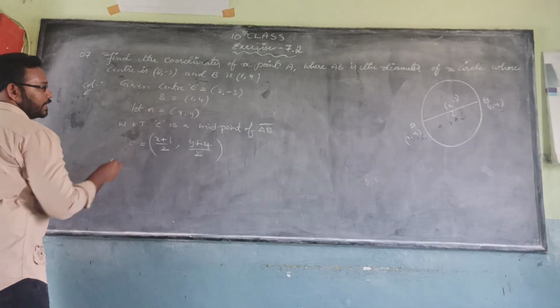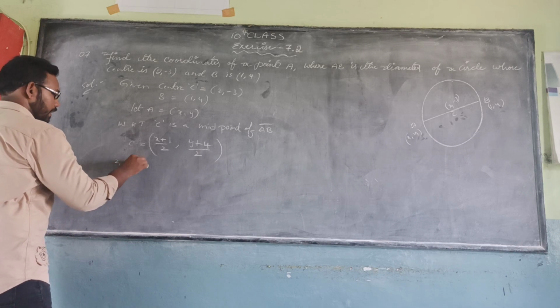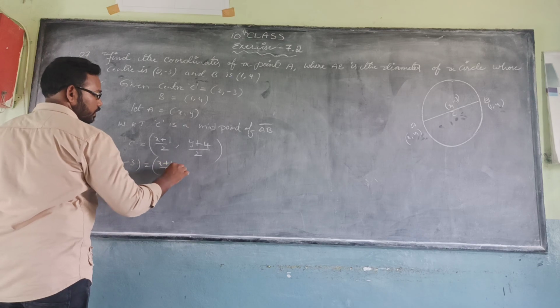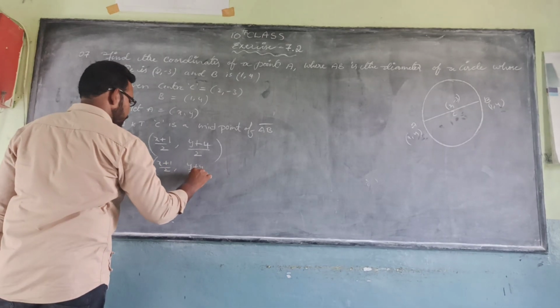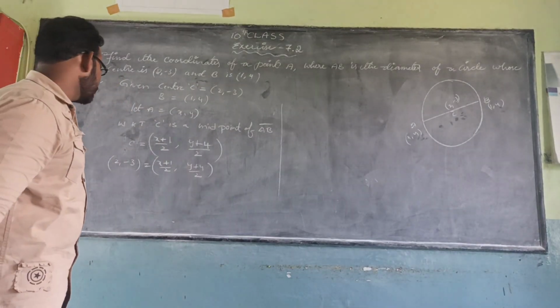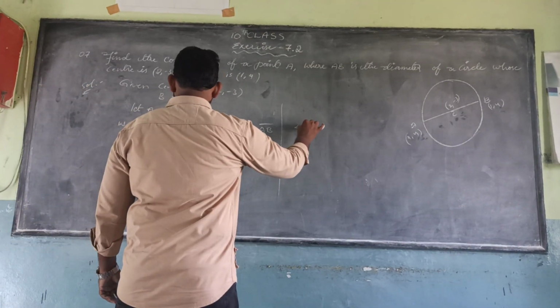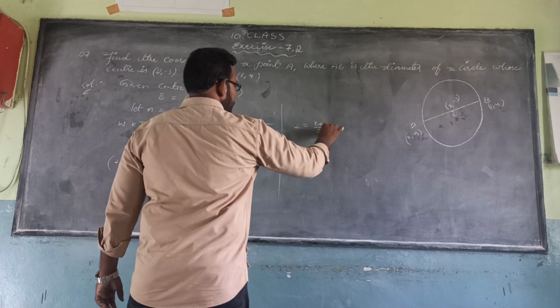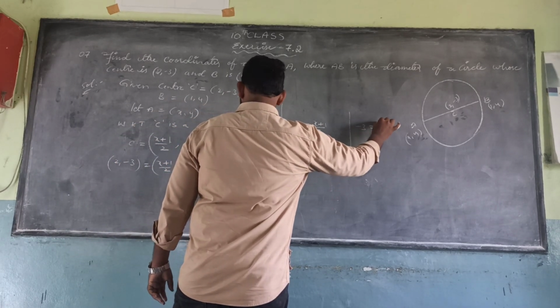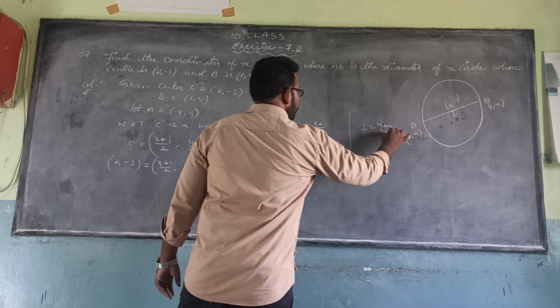Here C is nothing but (2, minus 3), that is equal to (x plus 1 by 2, comma, y plus 4 by 2). Here the x coordinates are equal and y coordinates are equal. So 2 is equal to x plus 1 by 2 and minus 3 is equal to y plus 4 by 2.